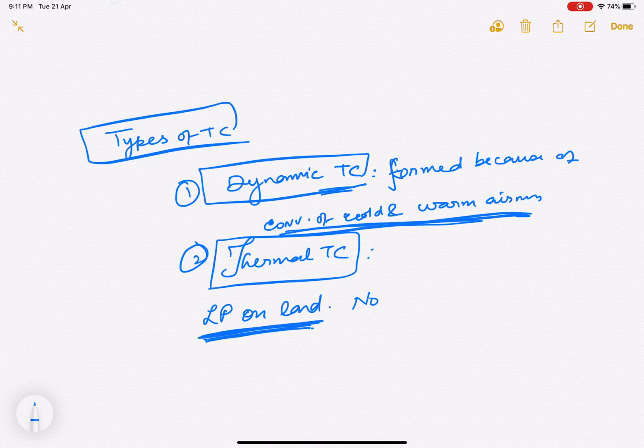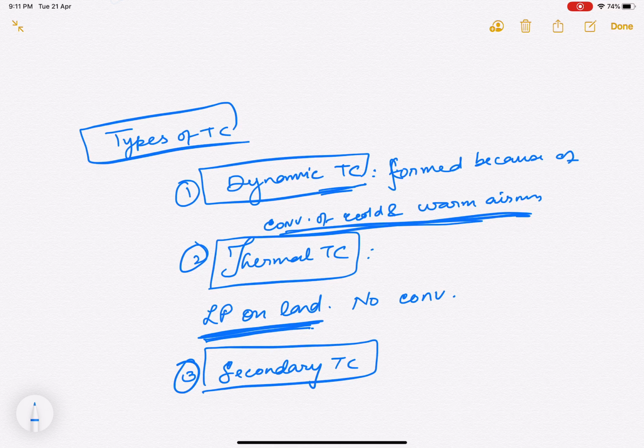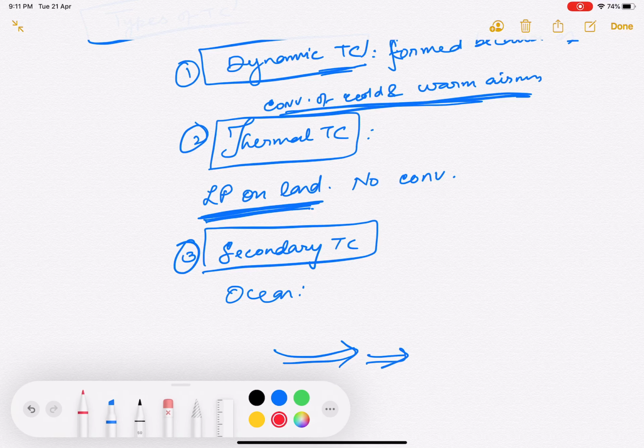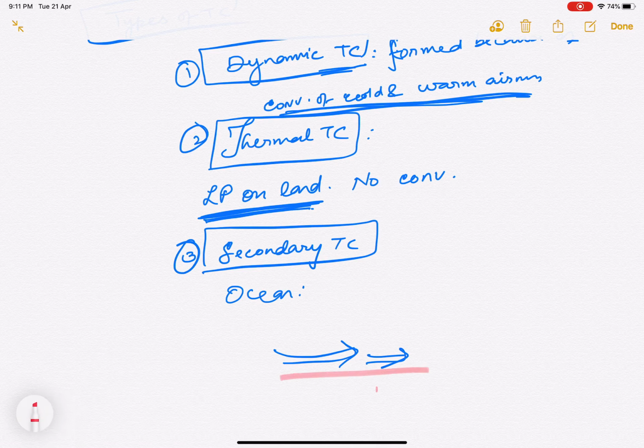Here there is no convergence. But you would say, sir, if there is a low pressure on the land, then why is it called a temperate cyclone? Because it's formed in the temperate region. It's that simple. Next, we have the secondary. What is the secondary temperate cyclone? Very easy. It is formed over the ocean, when cold air masses move over a warm ocean body.